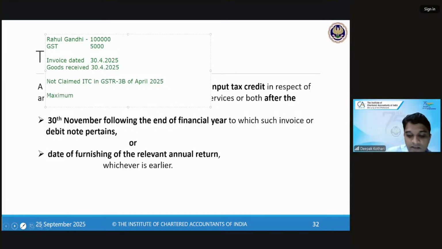So the maximum time you can claim it is till 30th November 2026, or the annual return date.